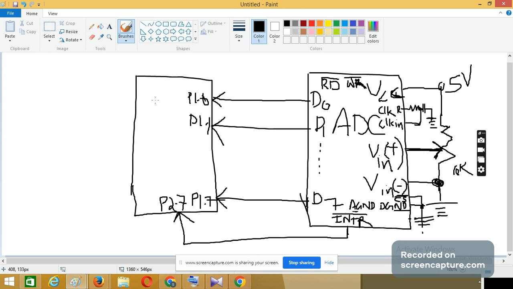So P2.5 and P2.6 we'll use. P2.5 I am connecting to read bar.